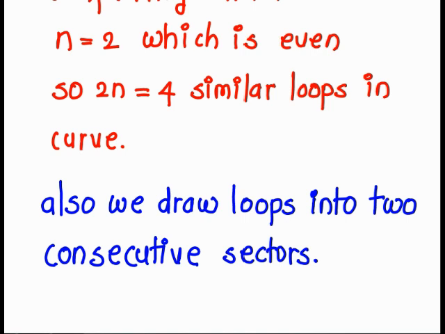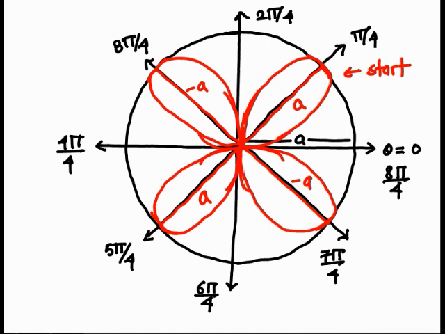Also, we draw the loops in 2 consecutive sectors. Let me explain this with the help of a diagram. If you observe, we take loops in every sector. So there is no region of absence for this particular case if n is even.